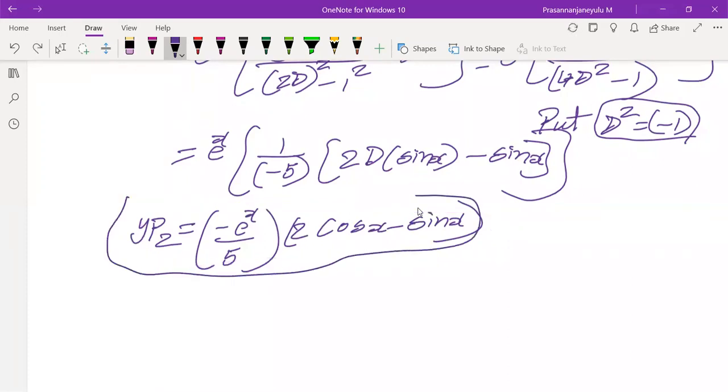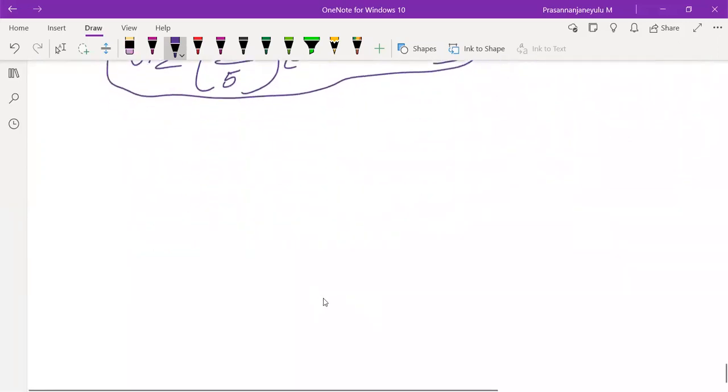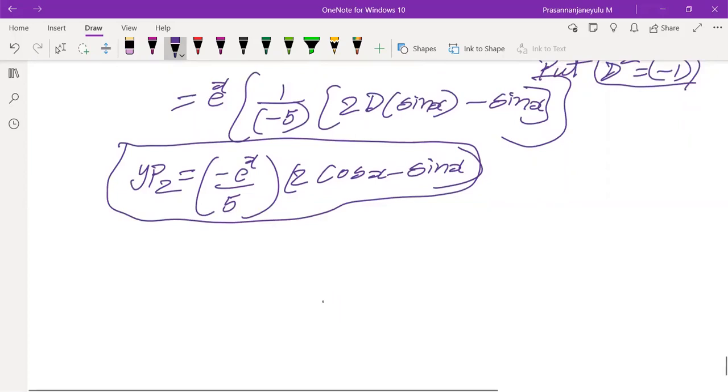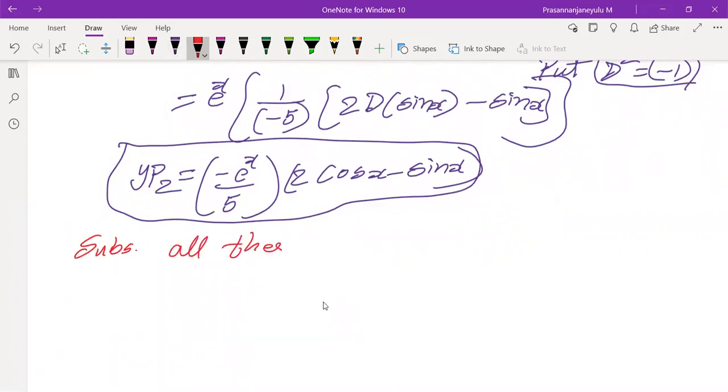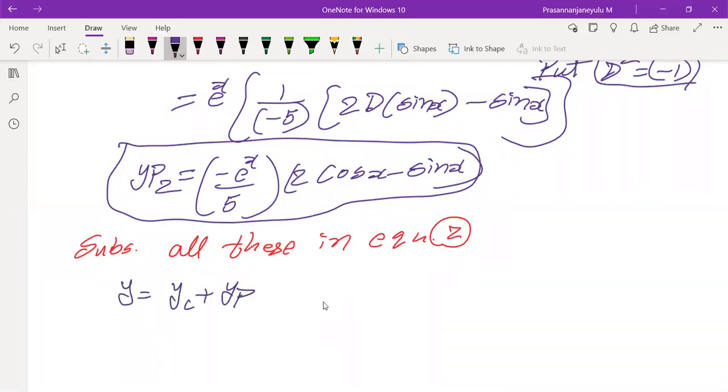Any mistakes from my side? Then you can respond. So substitute all these things in our equation number 2. Then y equals yc plus yp. yc is c1 cos x plus c2 sin x.